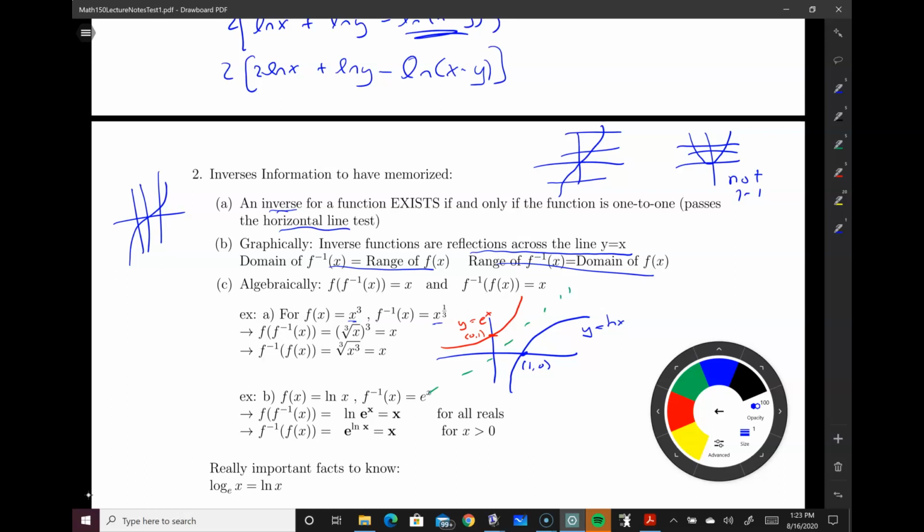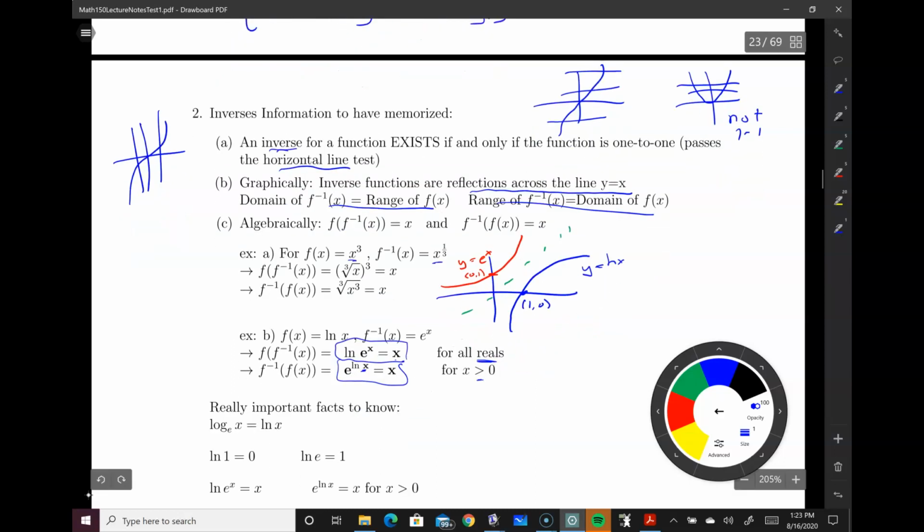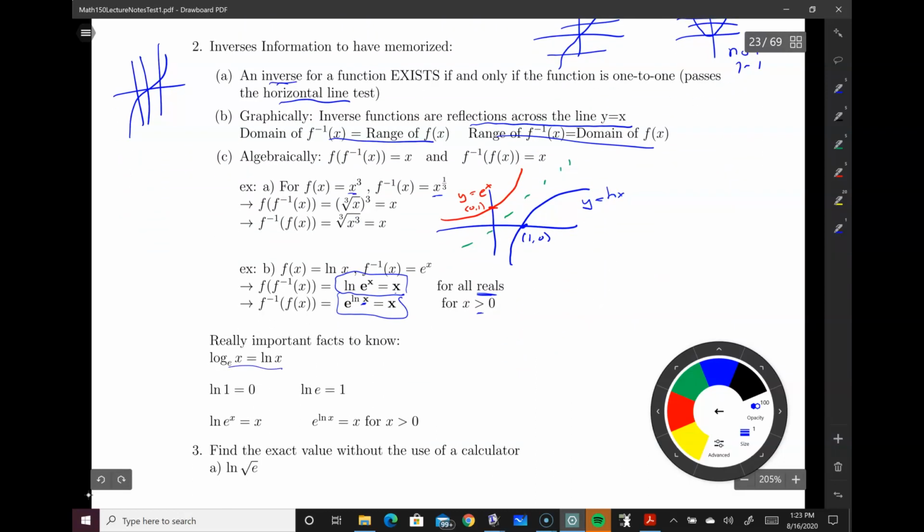Same thing for ln of x. So if I have ln of e to the x, it is x, and that works for all reals. So this is a true fact I want you to know. And then e to the ln of x is x, but remember this x inside here has to be bigger than 0. But e and ln cancel each other out, just like the cube root and the cube cancel each other out.